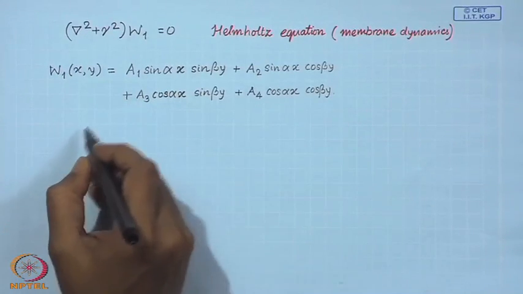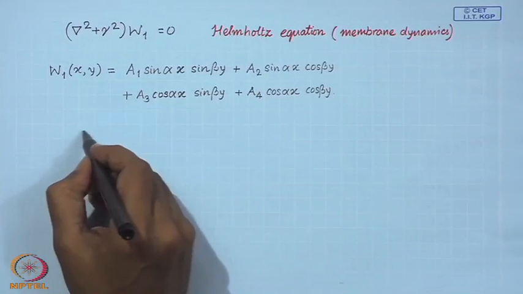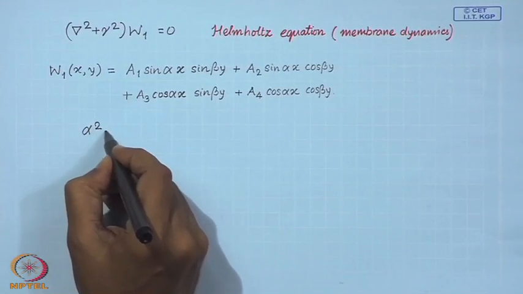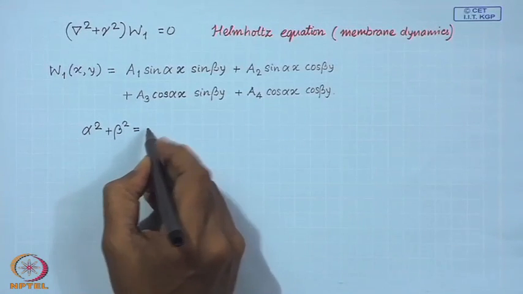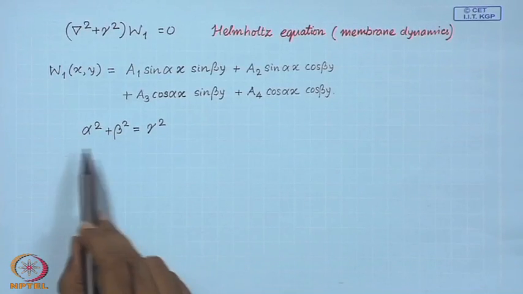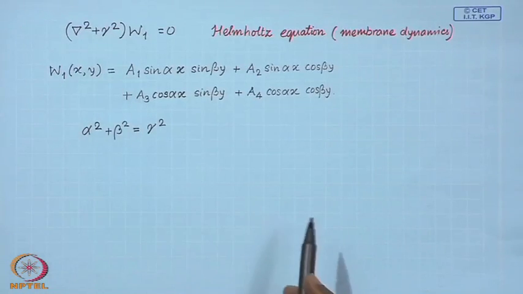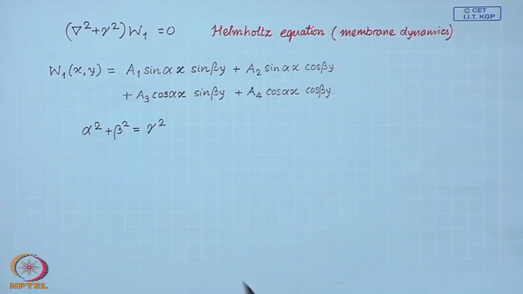Now, where this alpha and beta they satisfy the condition that alpha square plus beta square must be equal to this gamma square. So, this we have already discussed.